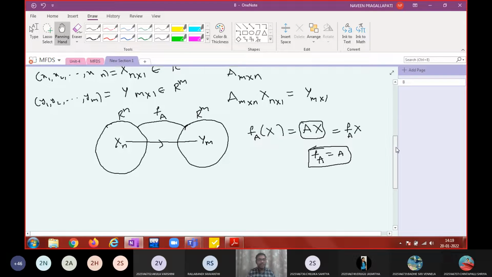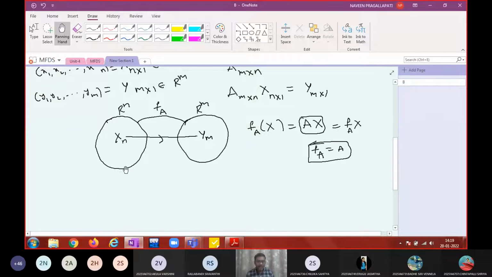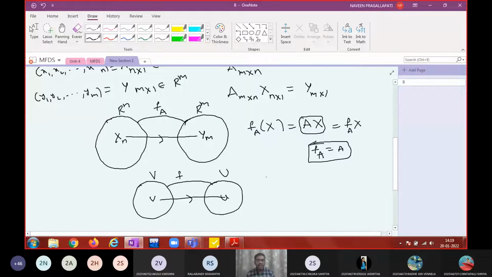Is that okay? So in general, you can have a mapping from a vector space V of dimension n to a vector space U. If you take v from this and u from this, these two are associated like this: f is a function from a vector space V to another vector space U, like f of v equals u. You have such mappings, and this is an example of such a mapping.